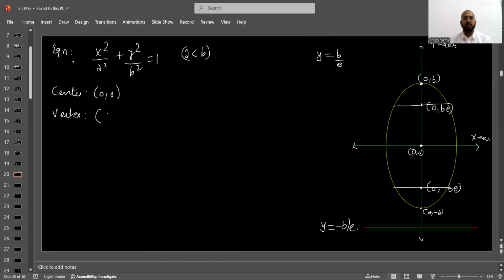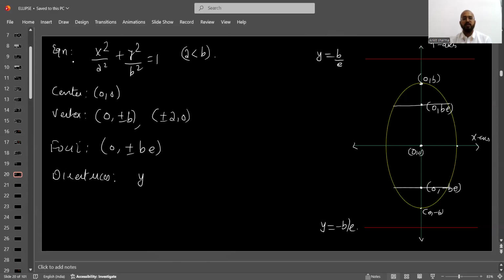So the vertices now become 0 comma plus or minus b. And this time this becomes the co-vertex, so plus or minus a comma 0. And then we have the foci here, so foci is 0 comma plus or minus be. And then the directrices are going to be y is equal to plus or minus b over e.